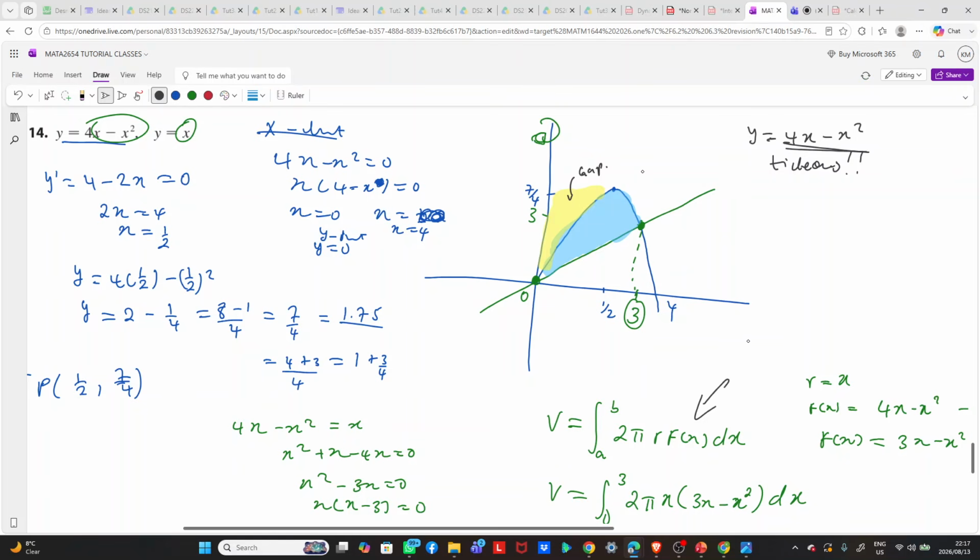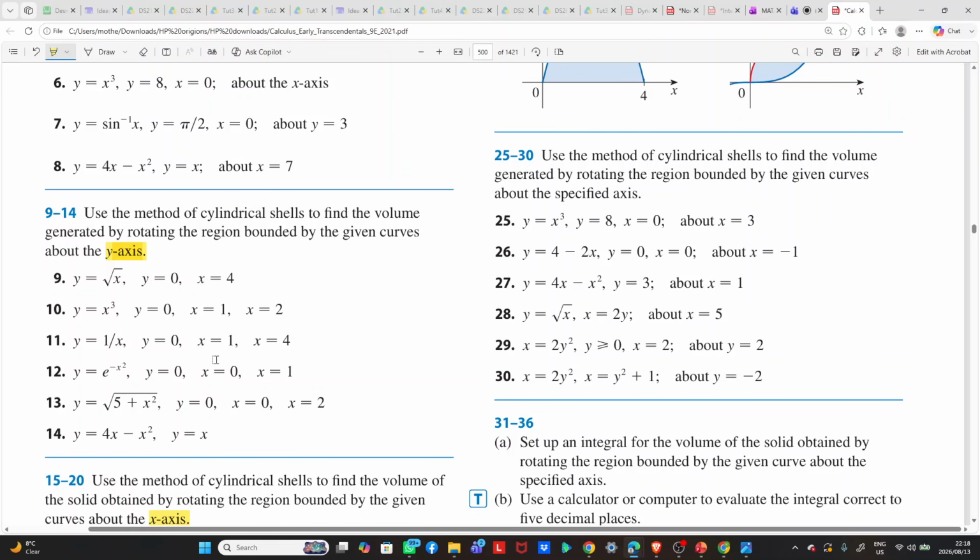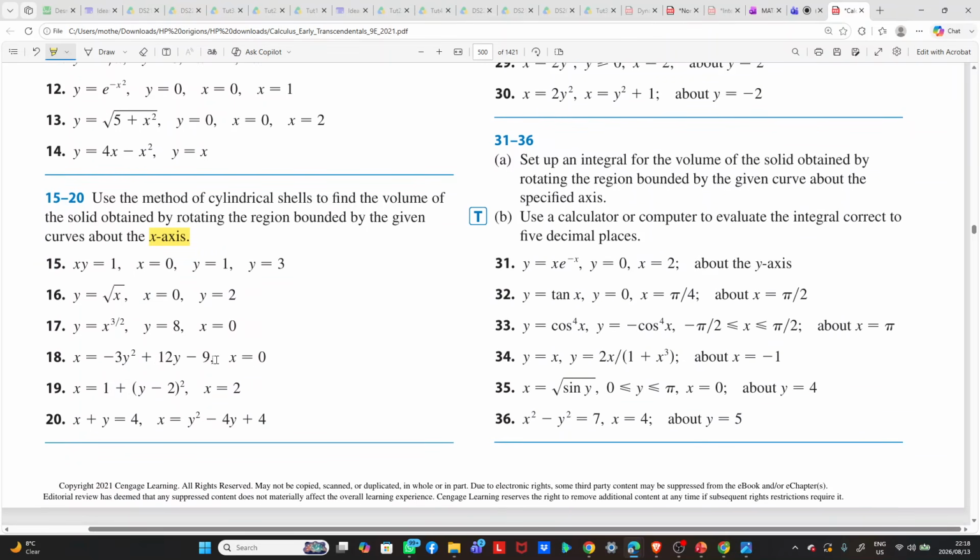When you are going about the y-axis, you integrate in terms of x, and you need f of x, and this function already satisfies that. And of course, you need to be careful that you take their difference in this case. So that is what was going on there.